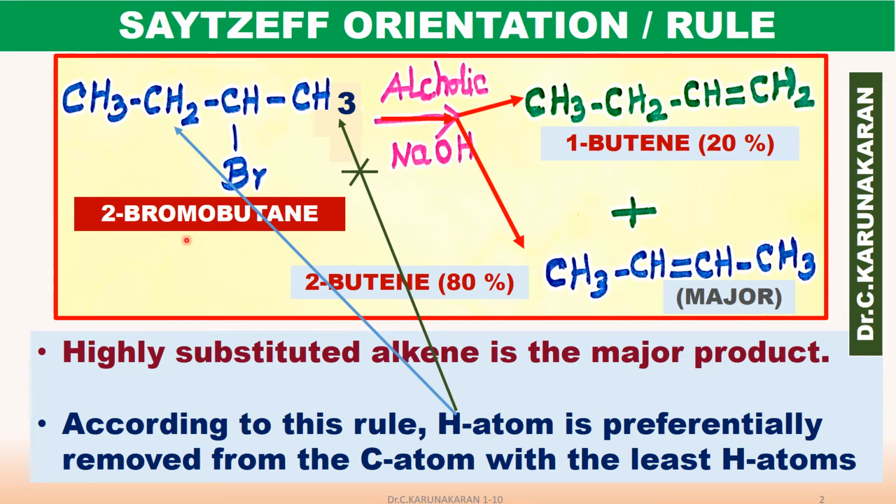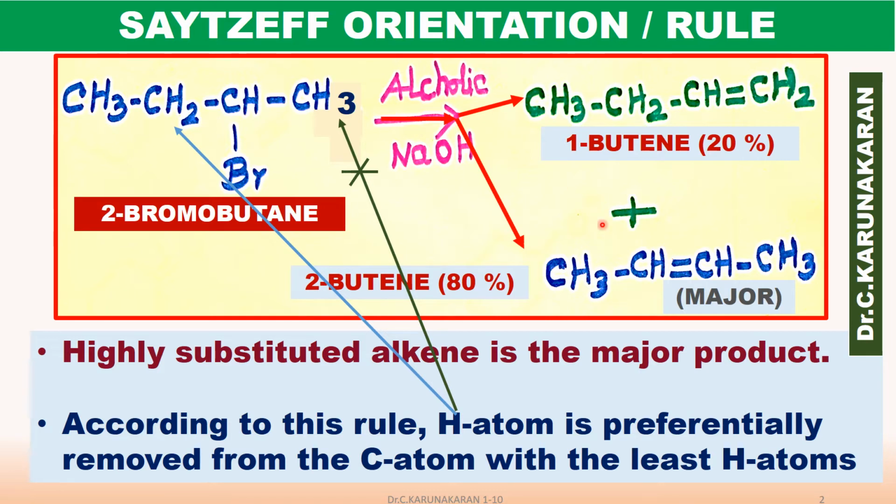For example, 2-bromobutane, carbons 1, 2, 3, 4. When 2-bromobutane is treated with alcoholic NaOH and heated, it undergoes parallel reactions.